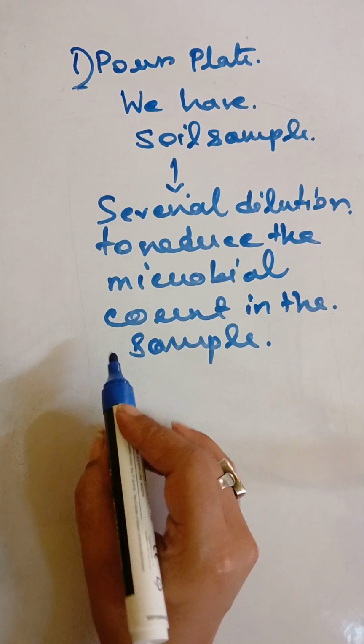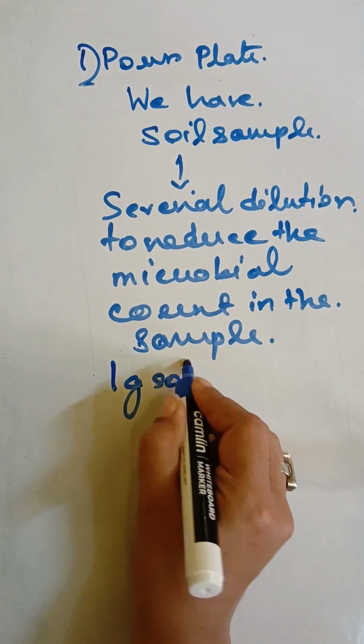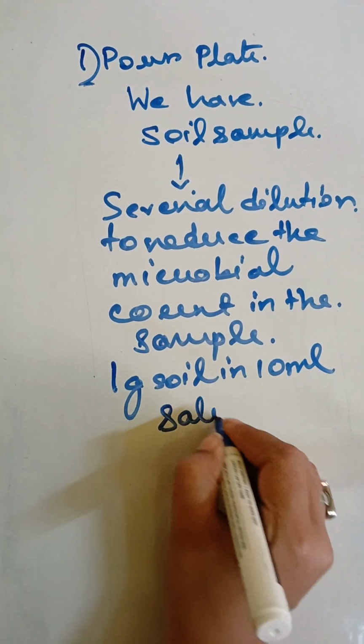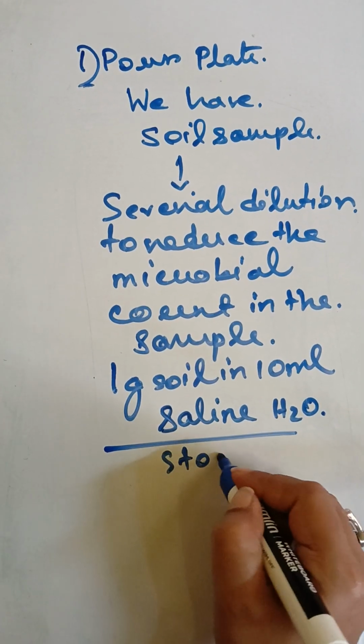Suppose we prepare the stock, that is 1 gram soil in 10 ml saline water. This is a stock.